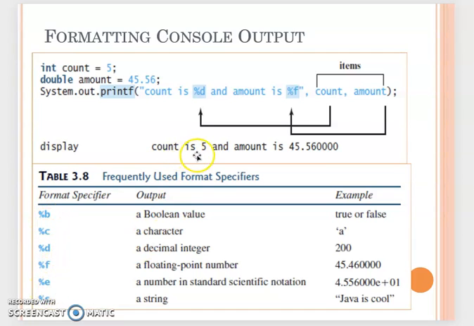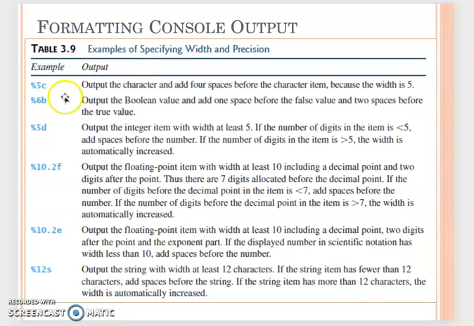But just like we said earlier, besides the data type, sometimes with this count 5, this integer, I want to display it in a different width. So here is how to specify the width. You specify how many spaces you want between the % and the data type.